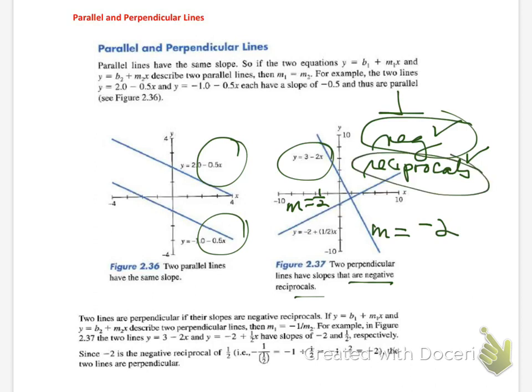Flip over the fraction. Remember, you can turn any whole number into a fraction. If your slope had been negative 4, that's really negative 4 over 1. The slope of the line perpendicular to that slope will be positive, because negative of a negative is a positive, positive 1/4. Okay, be able to do that.